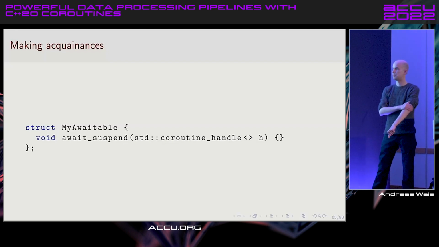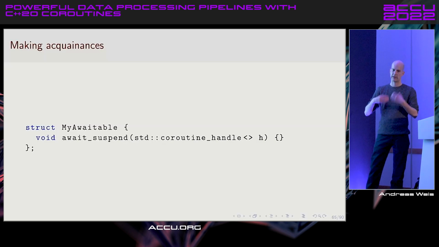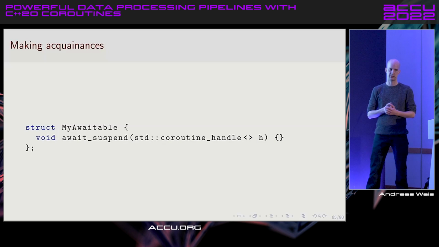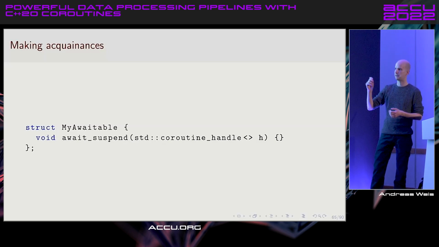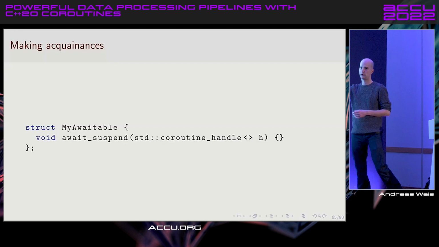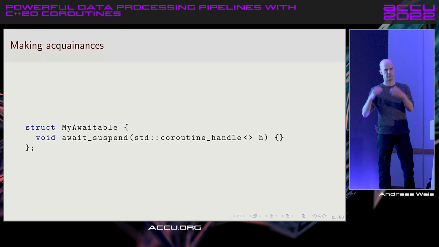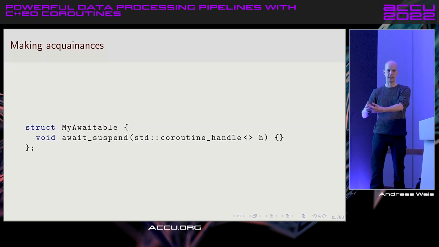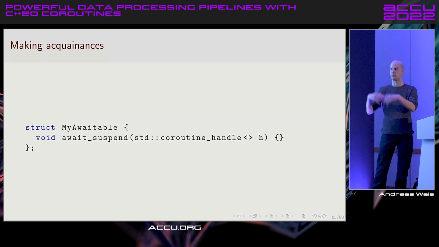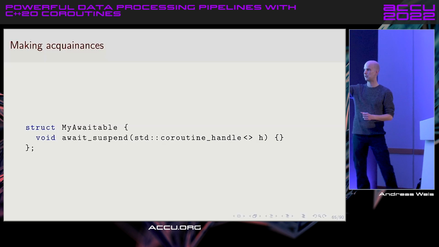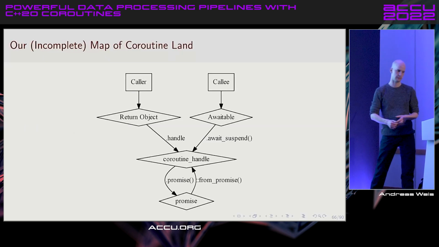We saw this before. When I call await_suspend and I actually want to go to sleep, the awaitable's await_suspend function gets passed, again behind the scenes by the compiler, a handle to the coroutine that is just going to sleep. So the coroutine calls co_await on the awaitable, and then basically passes a handle to itself as an argument to this await_suspend function.